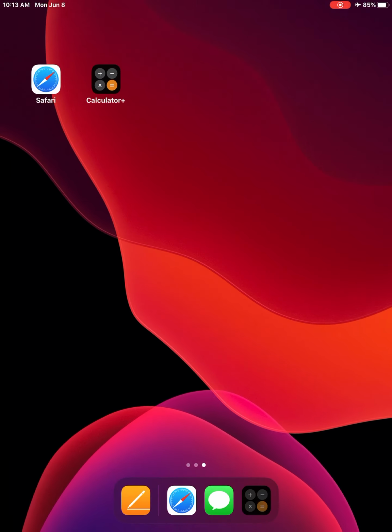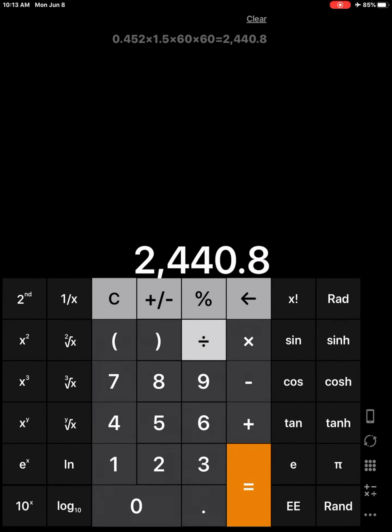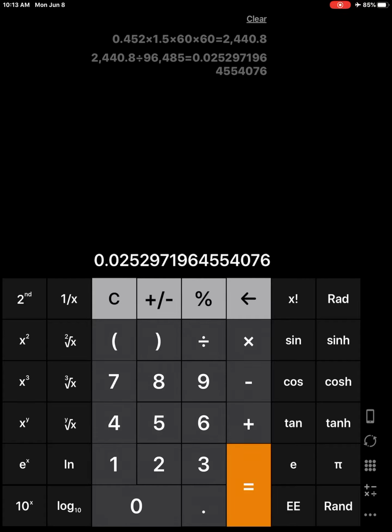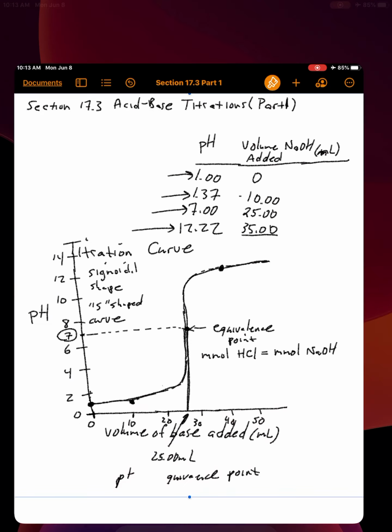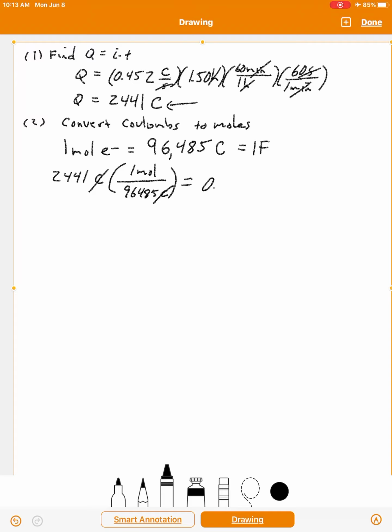So 2441 divided by 96,485, and you get 0.02530 moles of electrons.